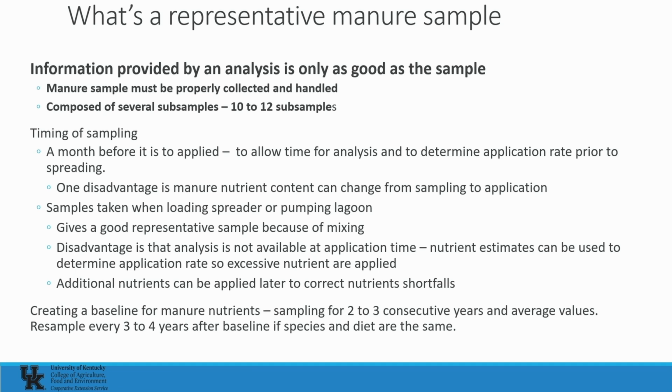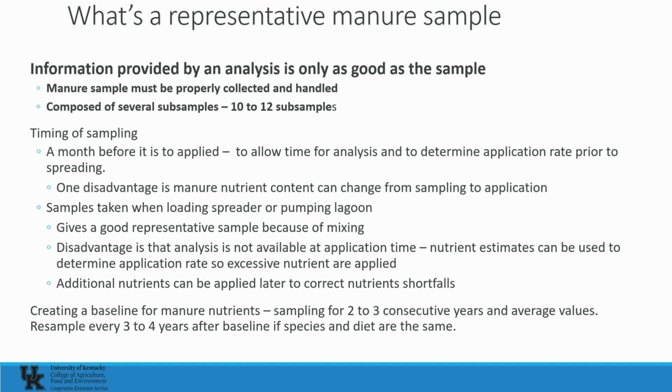We can use estimates to come up with a rate, and then go back after we get our analysis and reapply nutrients that are deficient. However, if we sample at the time of loading and applying for 2-3 years consecutively, we take those averages, we can create a baseline, and then we don't have to sample quite as often.